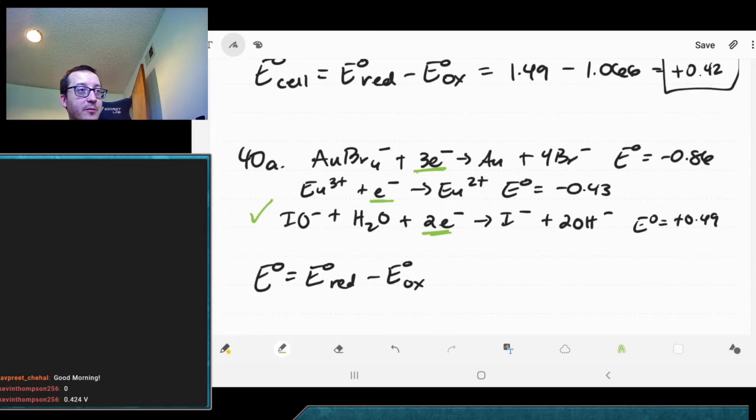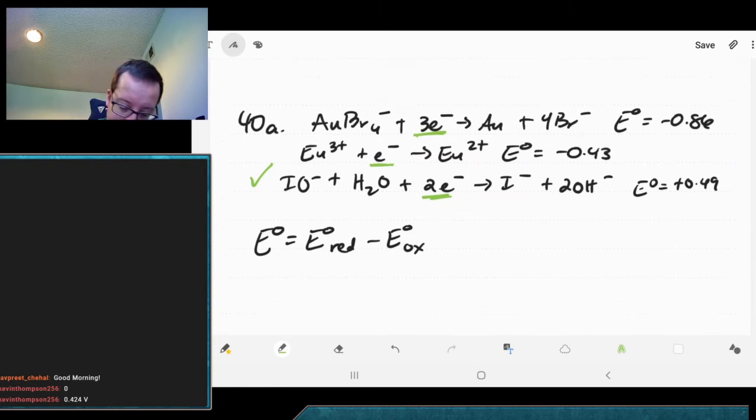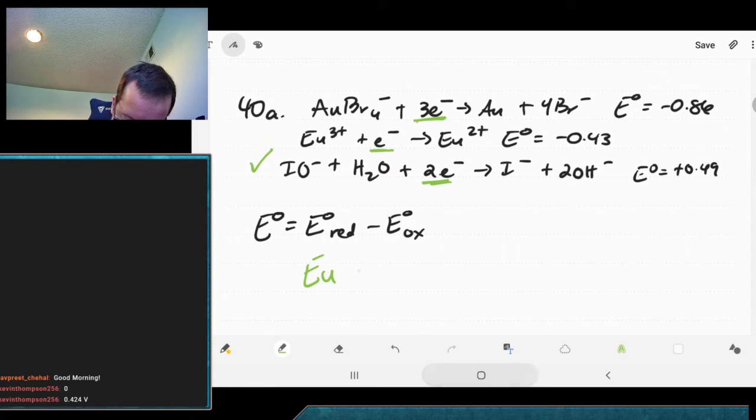If we use the europium one, we're going to need to double that reaction so that it would have 2 electrons. We would get a voltage of negative 0.43. Remember that this is going to be minus the oxidation potential, so that's going to end up being a positive 0.86. So if we use this reaction, we get plus 0.86 by doing that.